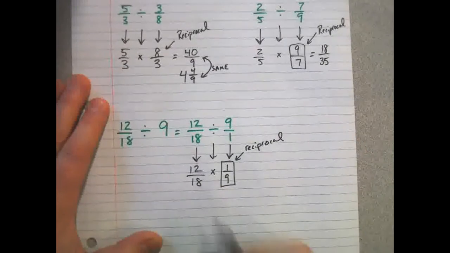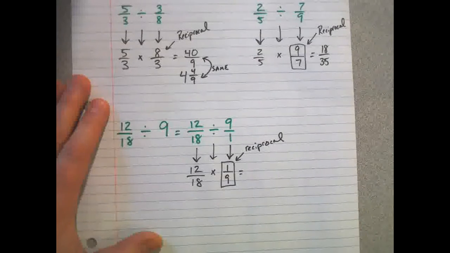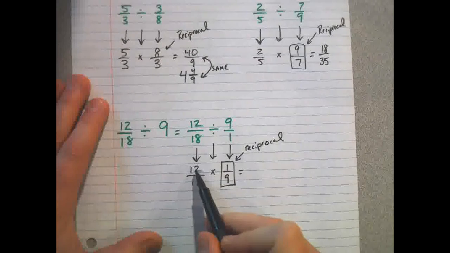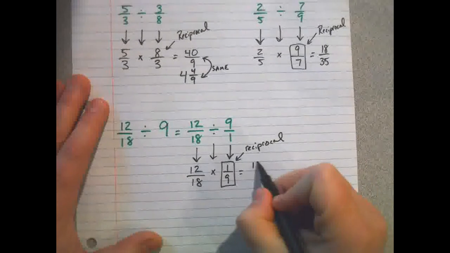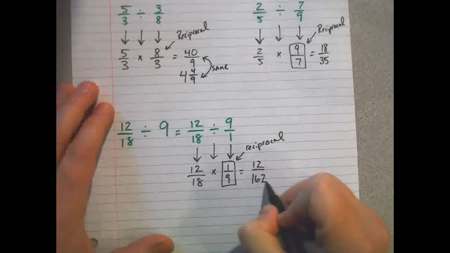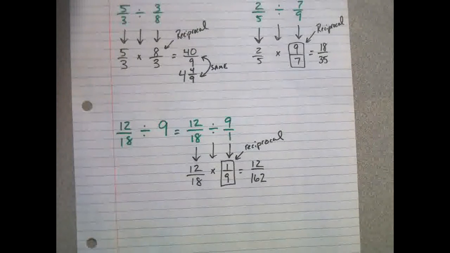All right. And now I'm going to multiply across. So 12 times 1 is 12. And 18 times 9 is 162. Now, I need to simplify this fraction.